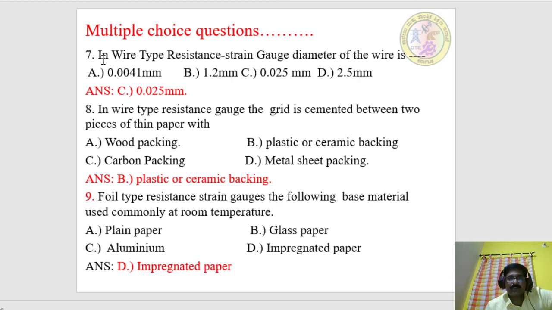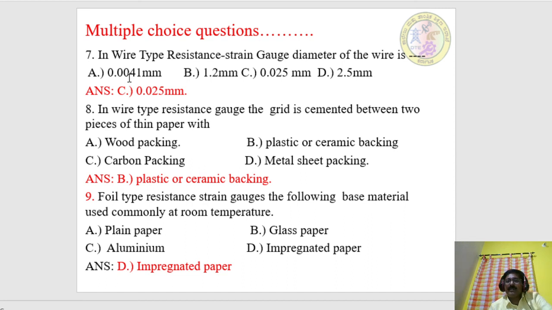Seventh multiple choice question. In wire type resistance strain gauge, the diameter of the wire, options are A 0.0041 millimeter, B 1.2 millimeter, C 0.025 millimeter, D 2.5 millimeter. You observe here the values given in the question.